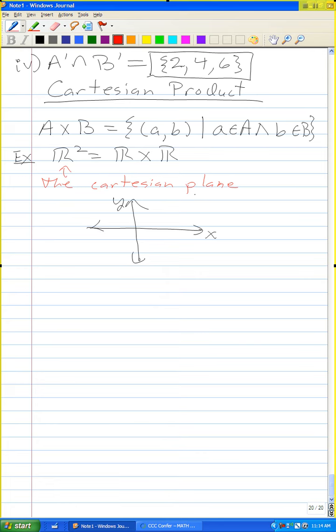Note that the Cartesian plane is a set of ordered pairs, which I call (a, b), but you could call them (x, y). Okay? Let me give you some properties.